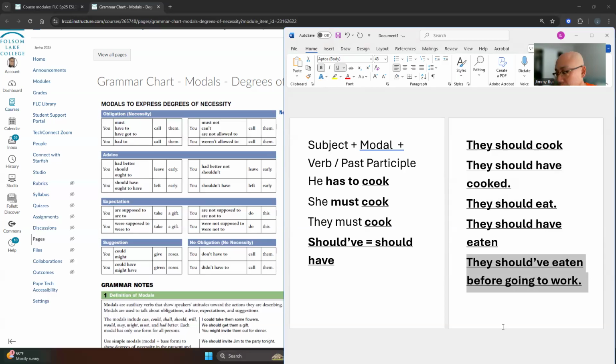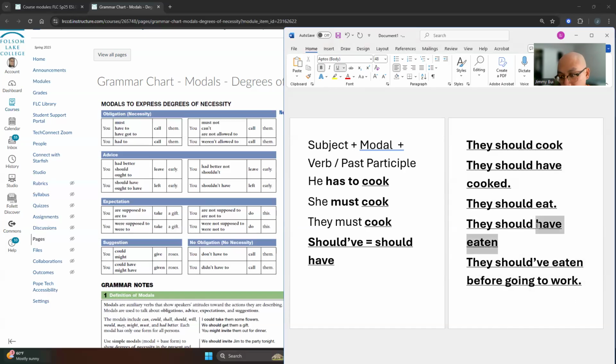They should have eaten, right? So we're giving advice for an action. Although we can't change the past, we're given this advice to sort of express they would have been better off had they eaten before going to work. Okay, so again, past participle.